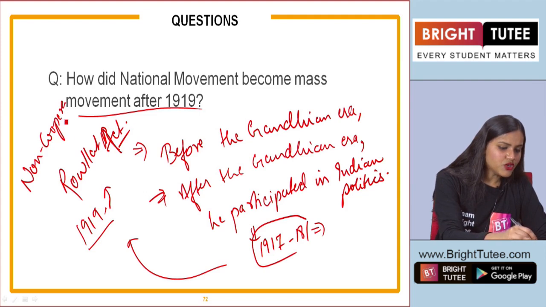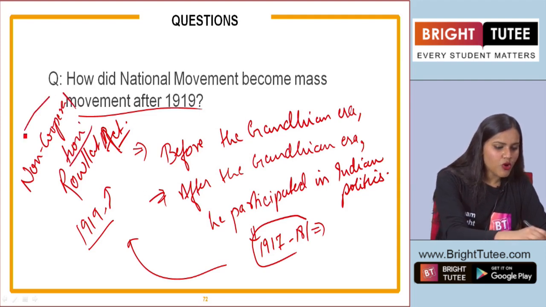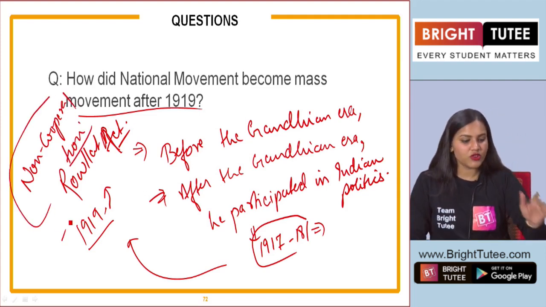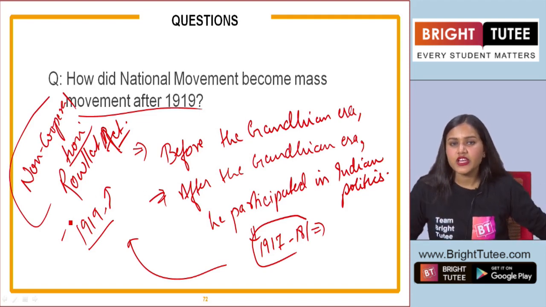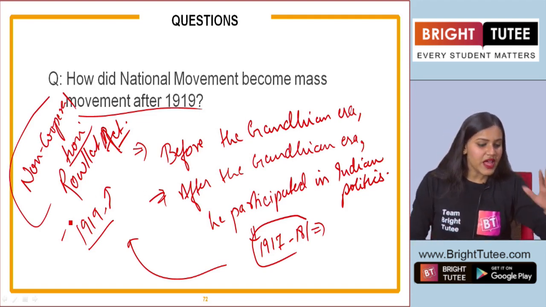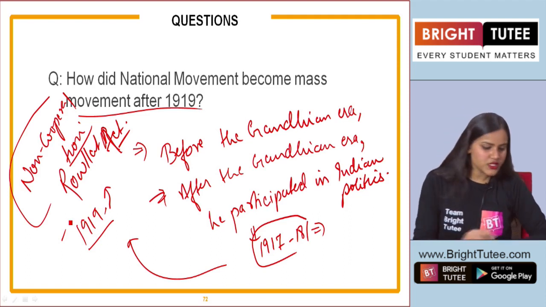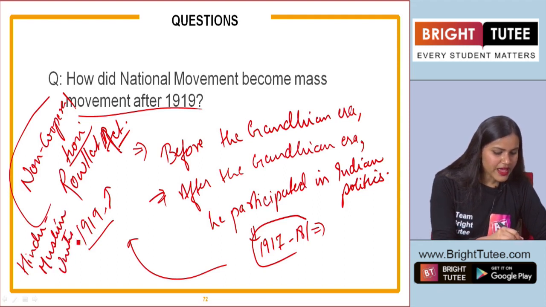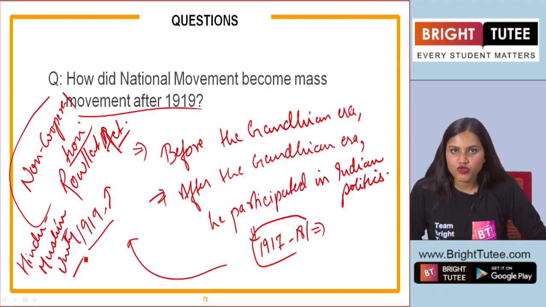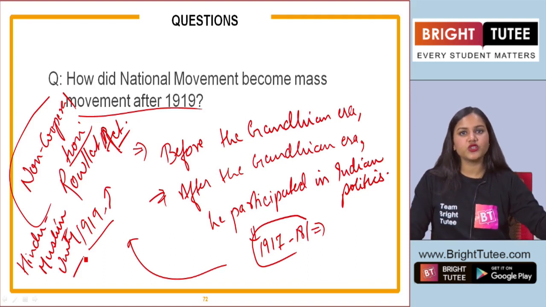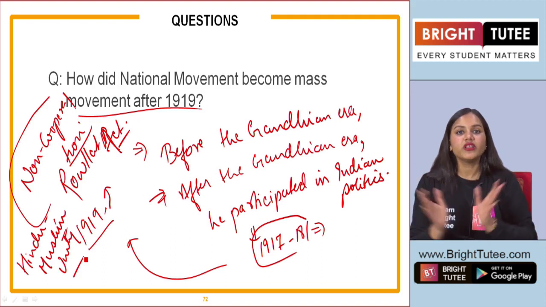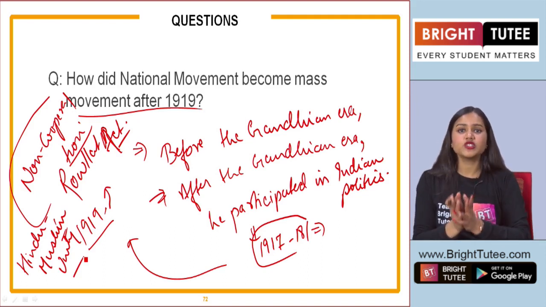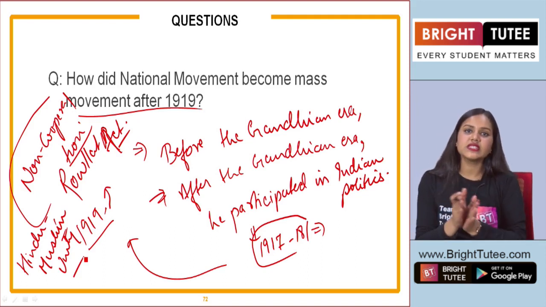So here you have to mention a bit about all these parts, talking about the Rowlatt Act, how people all together participated here, and in non-cooperation, how this glorified Hindu-Muslim unity and brought all the people together, and it became a mass movement, right? It was not secluded to one particular region, but it was about the whole country now, fighting for Swaraj, for self-rule and self-government.